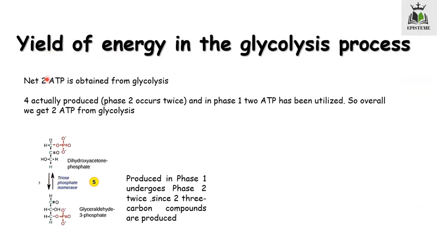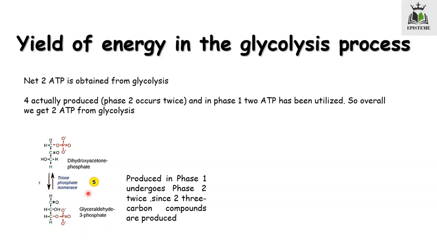Now we will talk about the energy yield of glycolysis. The net ATP gain in this process is 2 ATP. But when we look deeper, actually 4 ATPs are produced. We saw that dihydroxyacetone phosphate and glyceraldehyde 3-phosphate are produced in phase 1, and to continue glycolysis we need glyceraldehyde 3-phosphate.